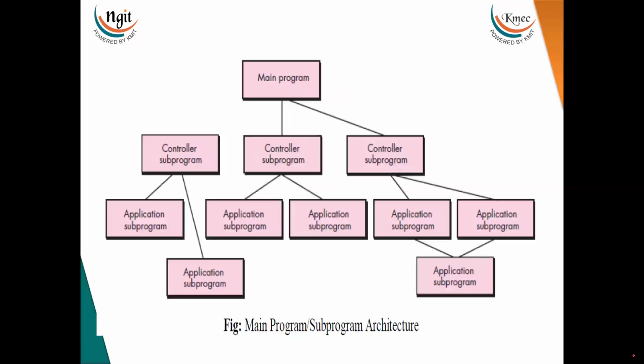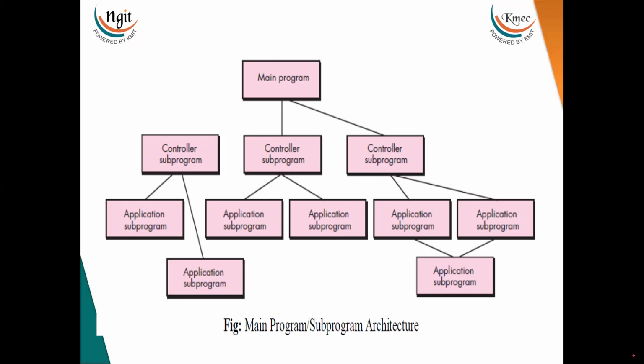Then next we have main program or subprogram architecture. So when we talk about call and return architecture, like a client and server kind of thing, it enables a software designer to achieve a program structure that is relatively easy to modify and scale. That is call and return architecture, we say. So this main program or subprogram architecture is where the classic program structure decomposes the function into a control hierarchy, where the main program, which is on the top of the diagram, is invoked along with a number of program components, which in turn may invoke still other components.